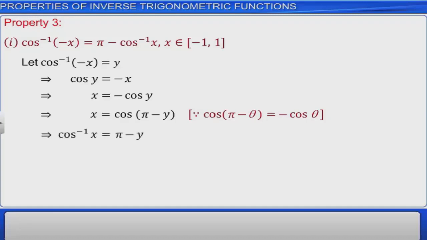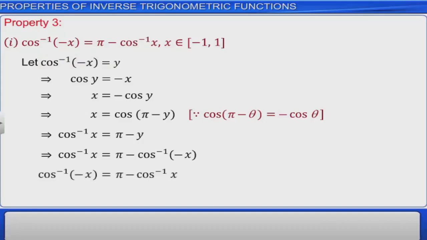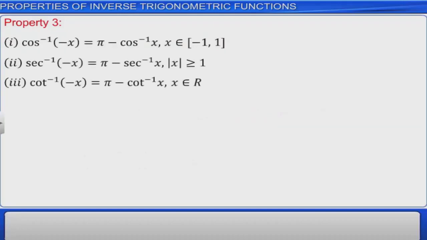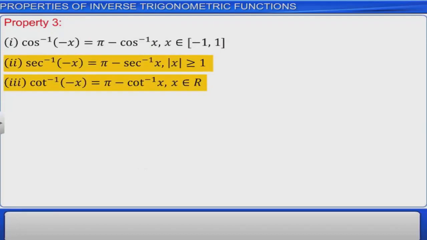This can be written as cos inverse x is equal to pi minus y. Substituting the value of y, we get cos inverse x is equal to pi minus cos inverse of minus x, or cos inverse of minus x is equal to pi minus cos inverse of x. In a similar manner, the remaining two properties can also be proved.